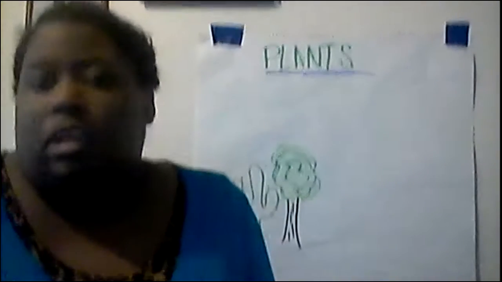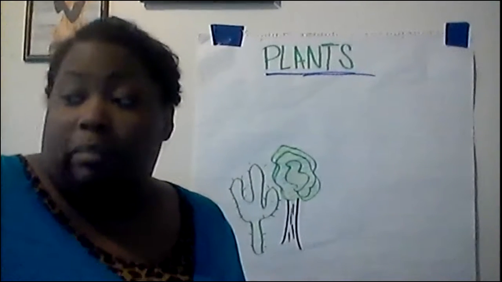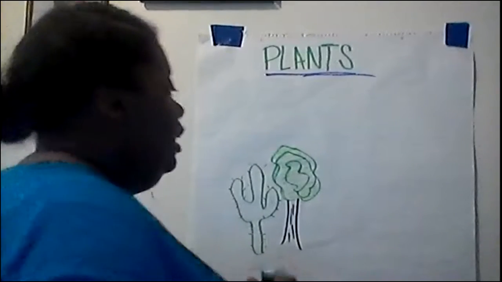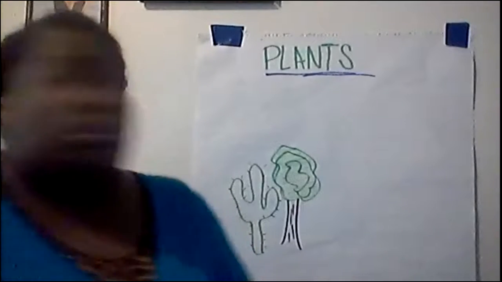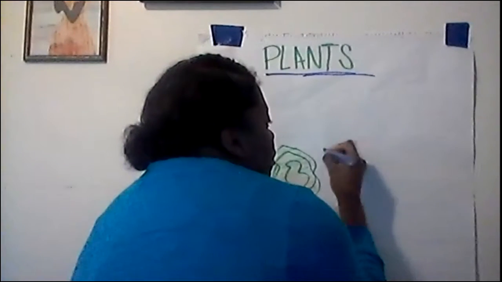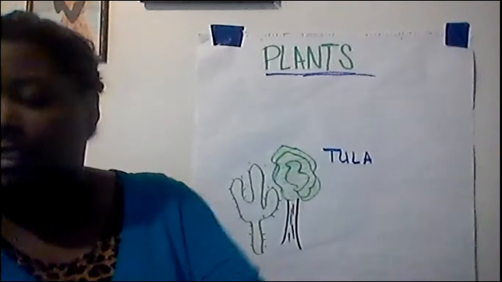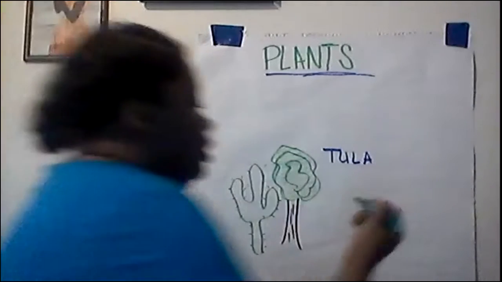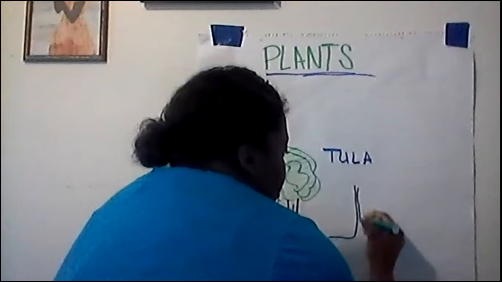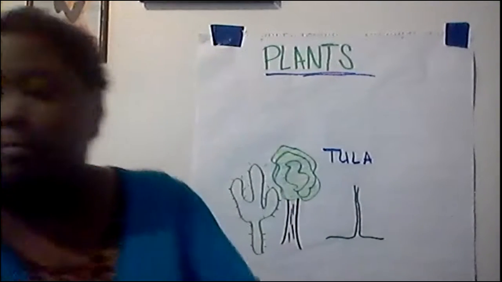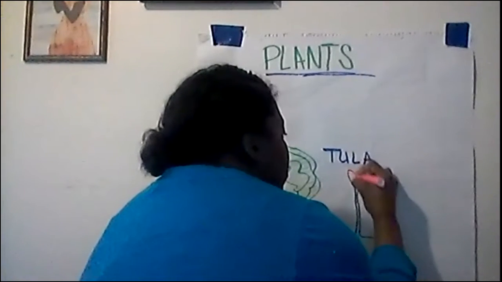A final example of an organism that makes its own food would be one of my favorite plants, and I actually gave her a name. I call her Tula, and by her name, you may be able to guess what she is. I'm going to use Tula a lot during instruction for examples.